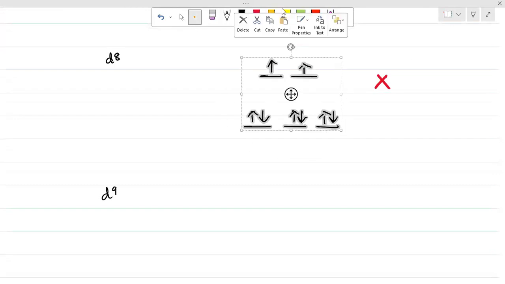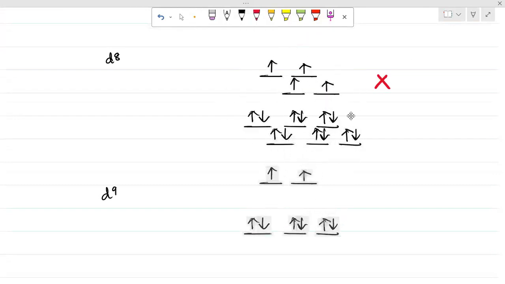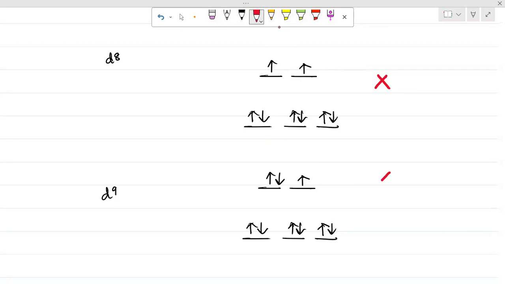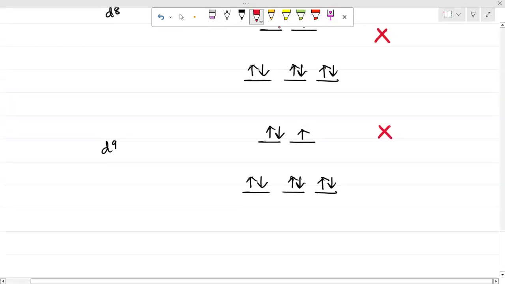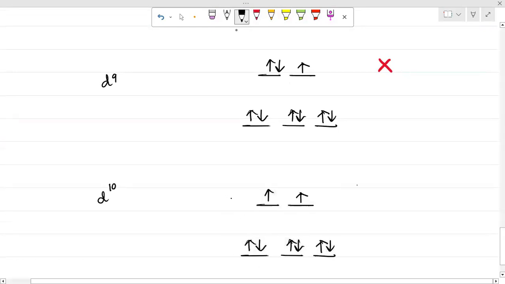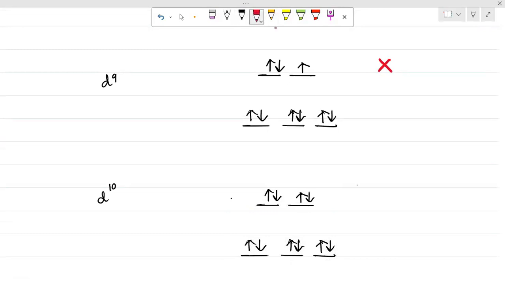D9, to the same system, you will add one more electron at EG. Again, you will see no orbital contribution because you don't have any sort of unsymmetry at T2G. D10, we need not do because it is completely filled, completely symmetrical, and hence again, no orbital contribution.